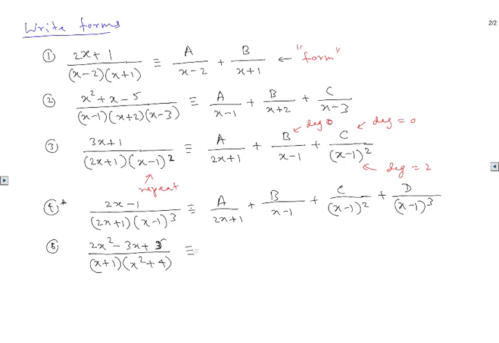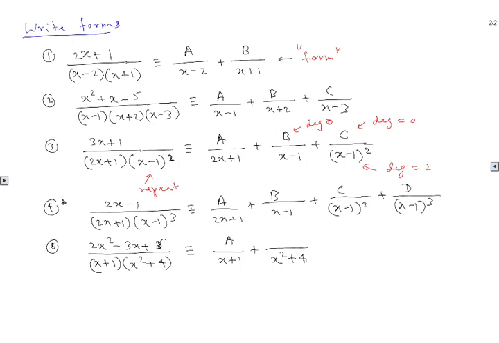So this situation is different. You can see the first term is A over x plus 1. But what about the second term? The second term has x squared plus 4, and you know that you cannot reduce this any further.